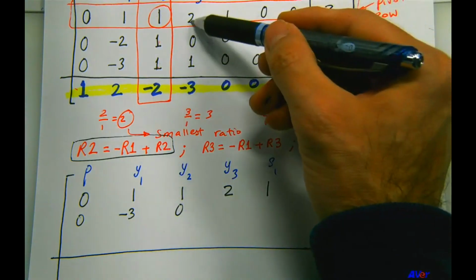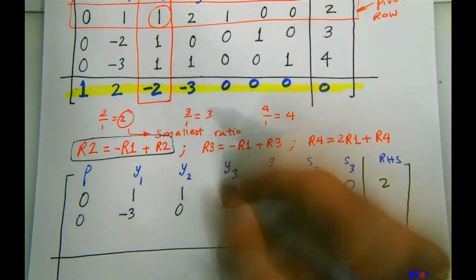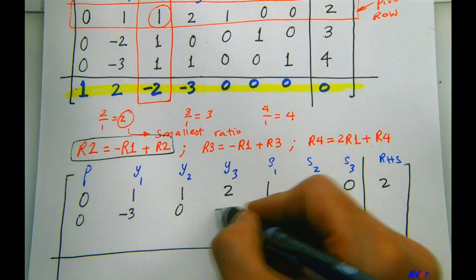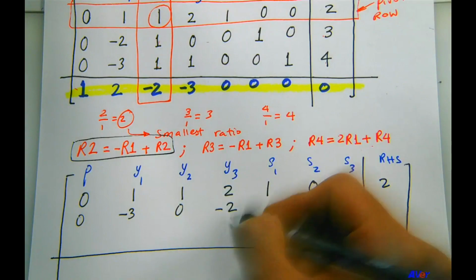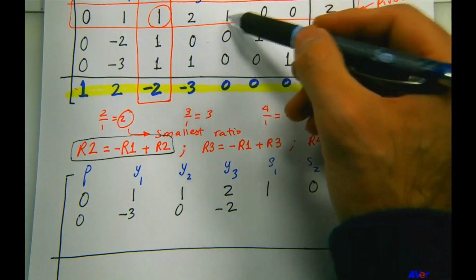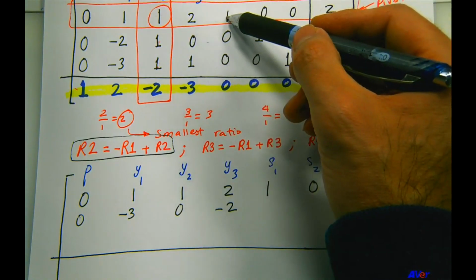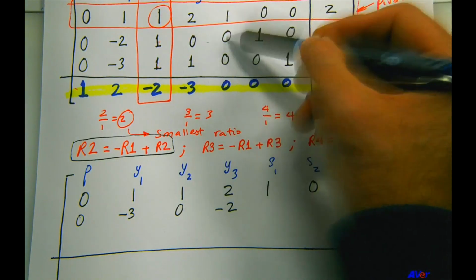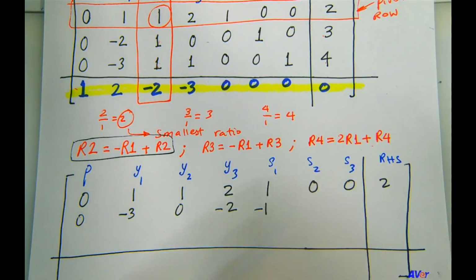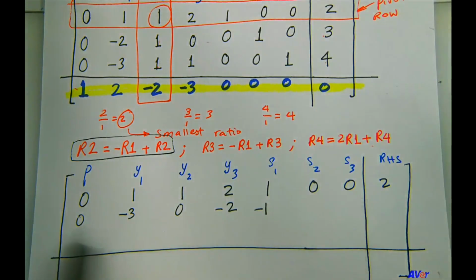Negative 1 times 2 is negative 2, plus 0, is negative 2. Negative 1 times 1 is negative 1, plus 0, negative 1. I'm just going to double check really quickly to make sure that these are all correct. Yep, so far so good.